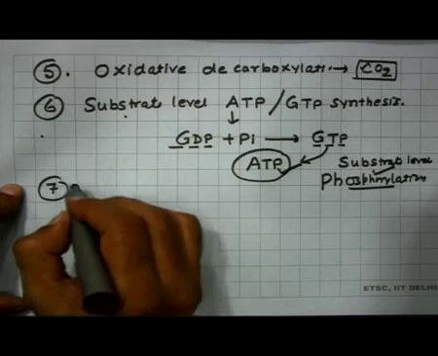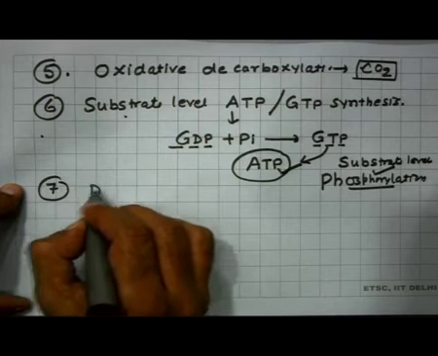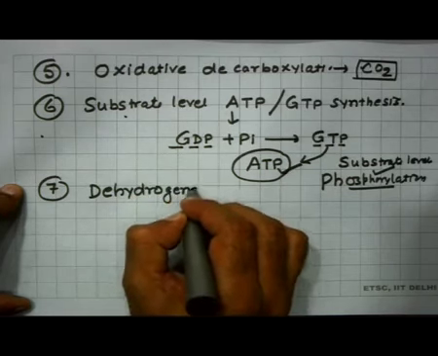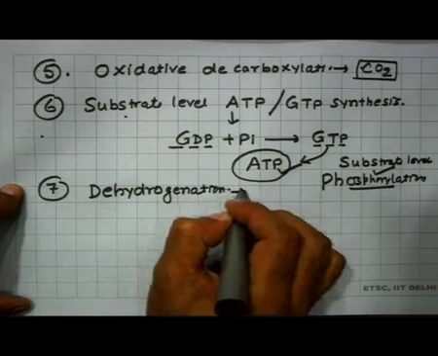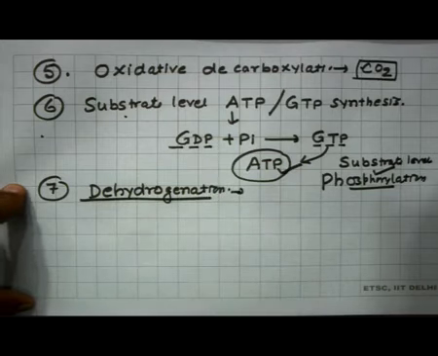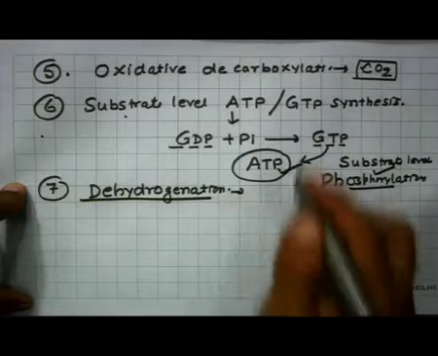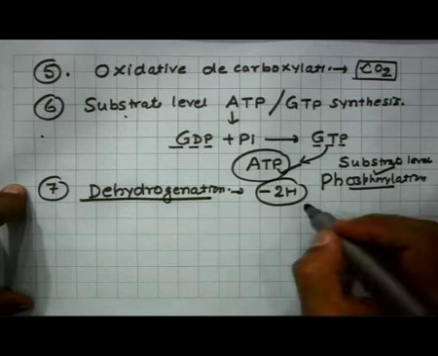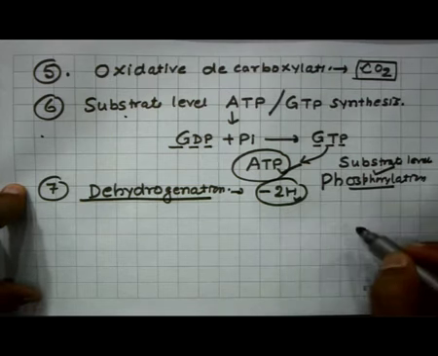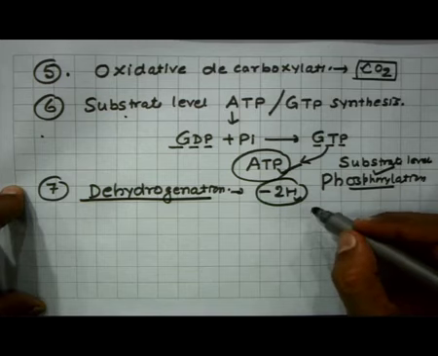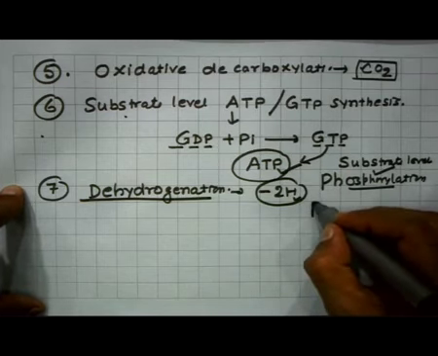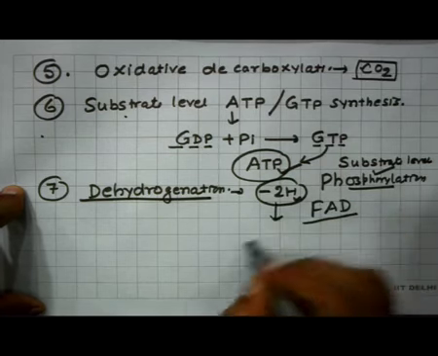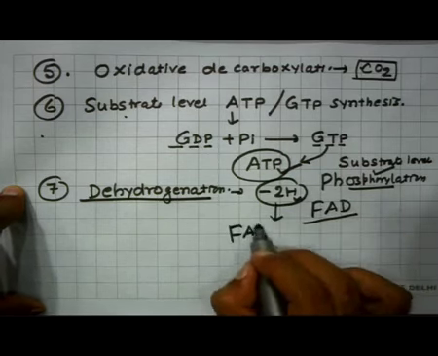Now, the 7th process in the Krebs cycle is dehydrogenation. As the term indicates, in the dehydrogenation process, hydrogen is released. In this process, NAD is not used. Here FAD is used to accept this proton, and it is converted into FADH2.